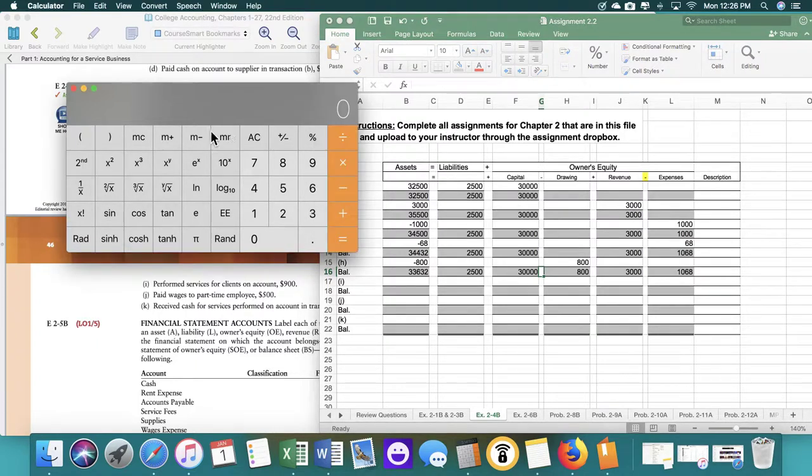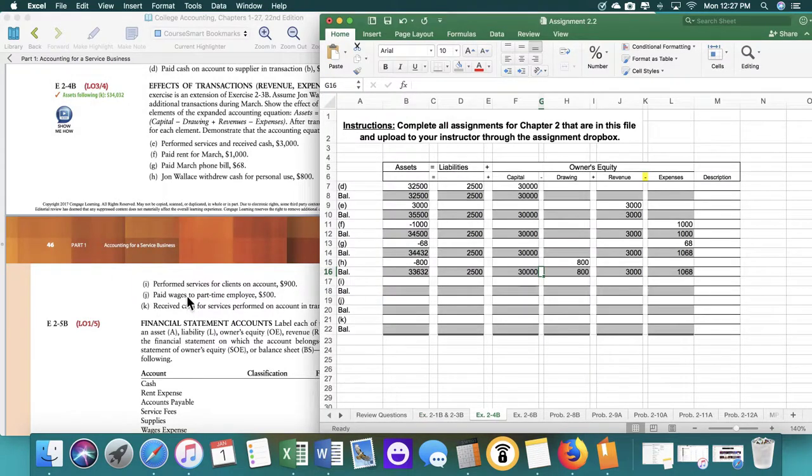So if we do the math again, 2,500 plus 30,000 minus 800 plus 3,000 minus 1,068. There we go. So again, little errors like adding instead of subtracting can cause a whole host of other issues.